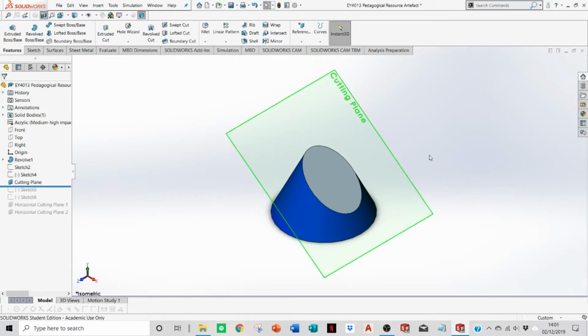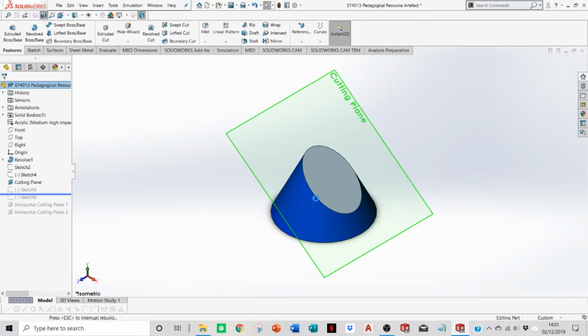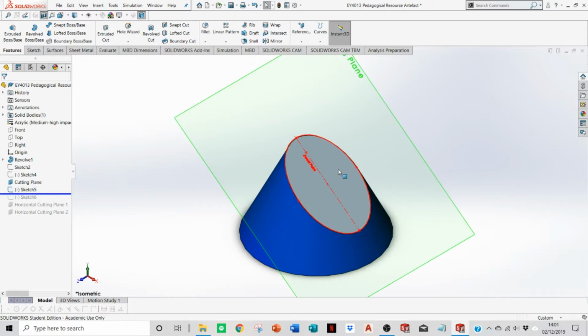So once the cutting plane is at an angle, the shape formed is an ellipse. So if I put down here and we see this, I have heavied in, and in red we can see the shape that is formed on the surface when the cone is cut.